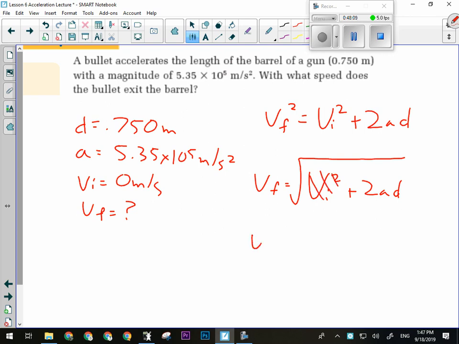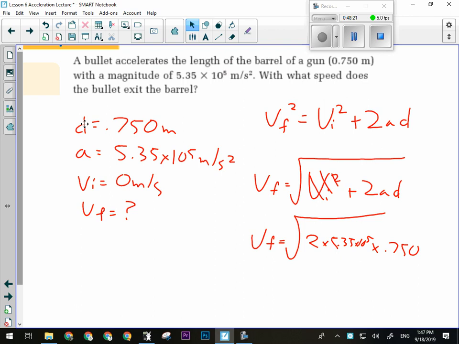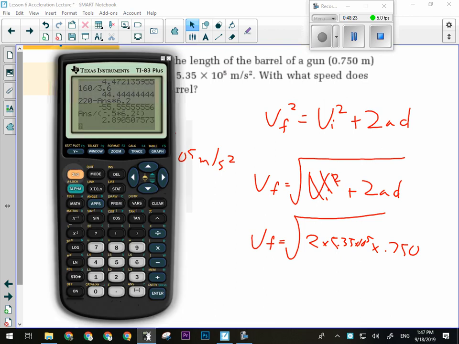What we'll have here is VF equals the square root of 2 times 5.35 times 10 to the 5, times the distance, which was 0.750 meters. So square root of 2 times, and then in brackets 5.35, times 10 to the 5, times 0.75.